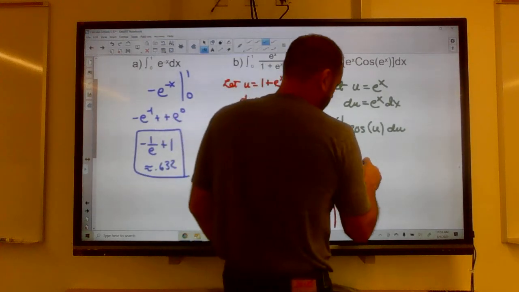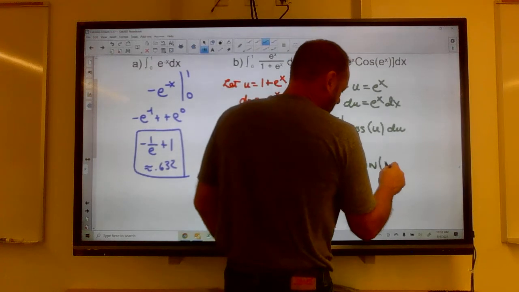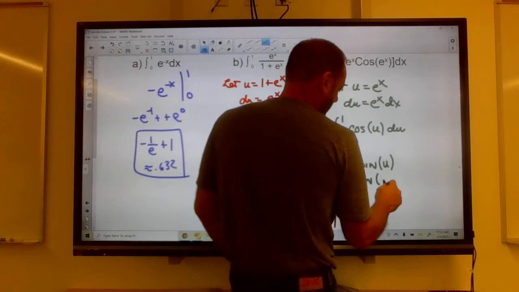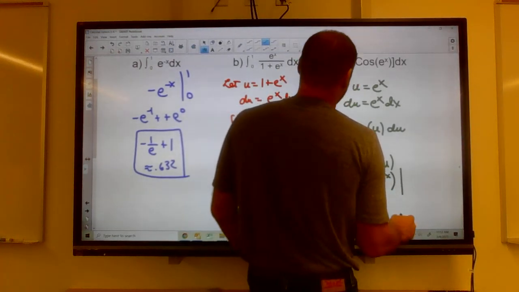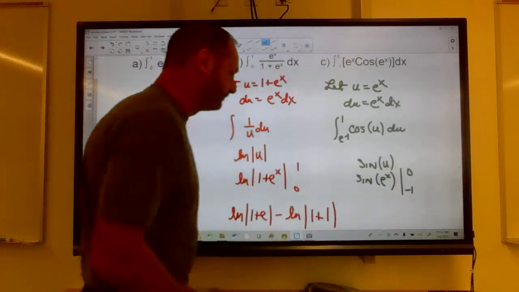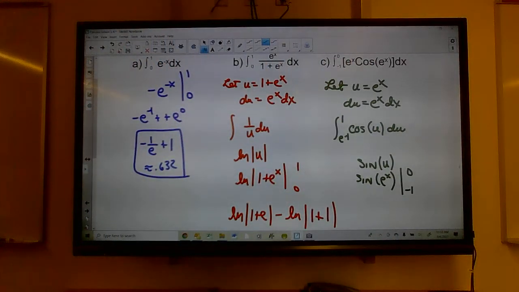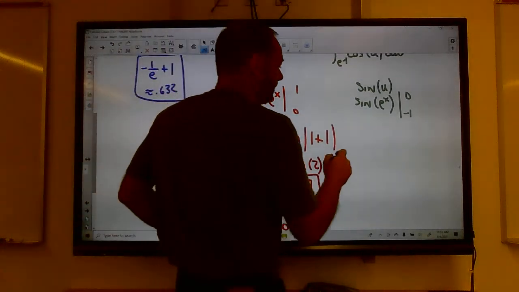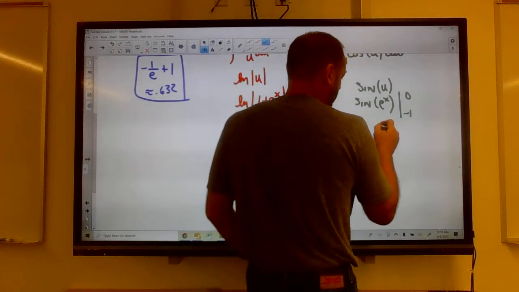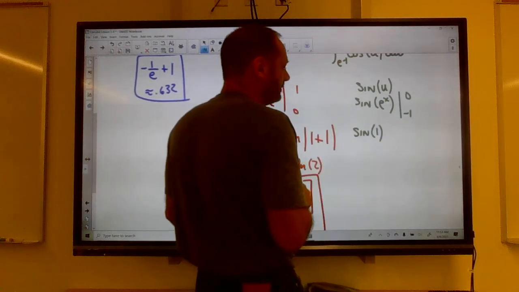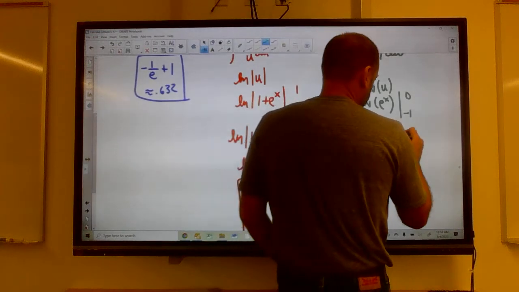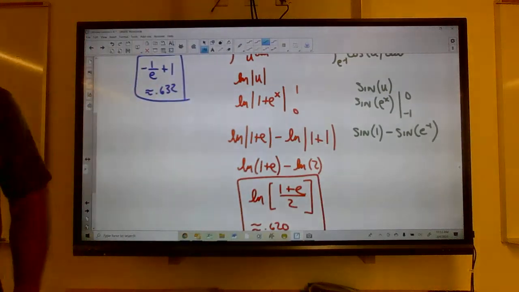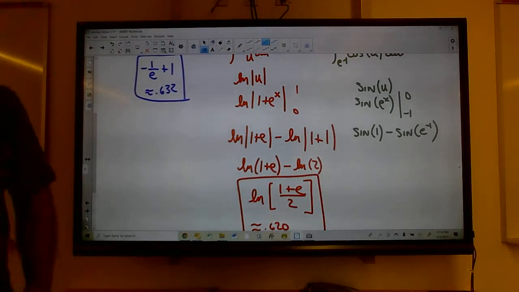So this is going to be the sine of u, which is going to be the sine of e to the x, evaluated from negative 1 to 0. Okay, so then this is going to be the sine of e to the 0, which is just sine of 1, minus sine of e to the negative 1, which comes out to be about 0.482.